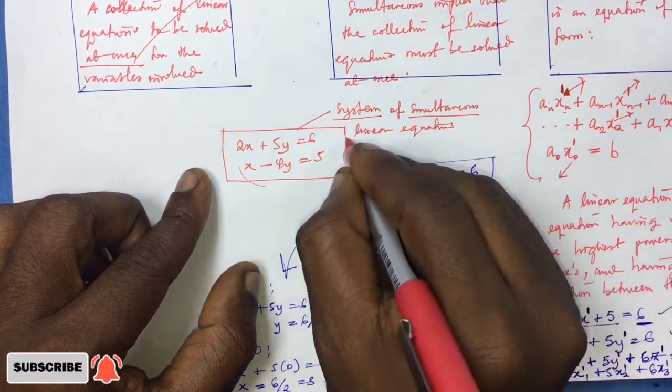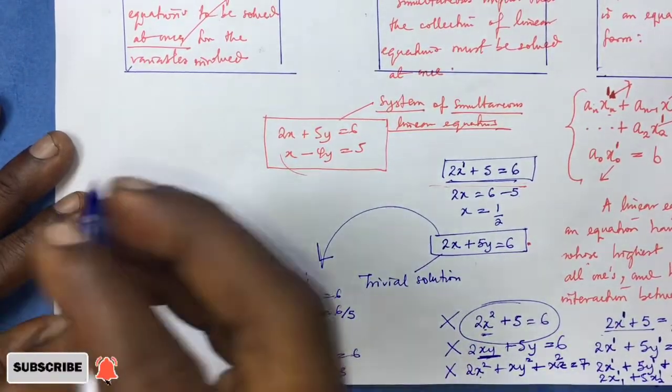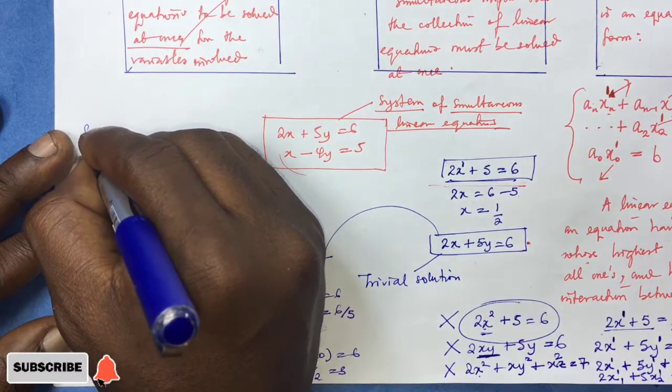So, put together, that being said, let us now define what a system of simultaneous linear equations is.